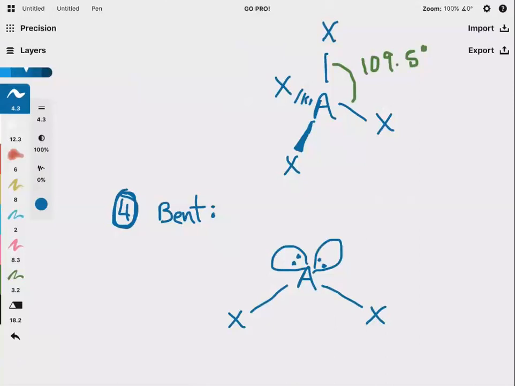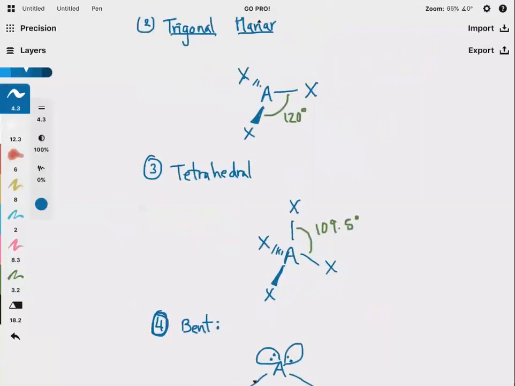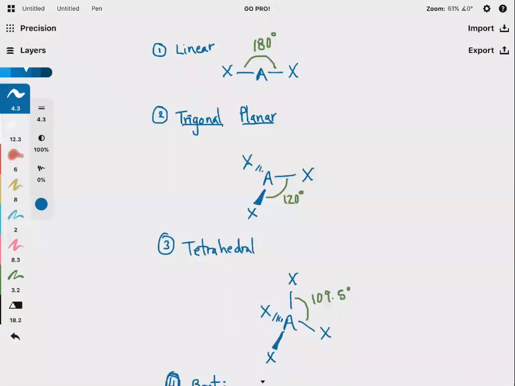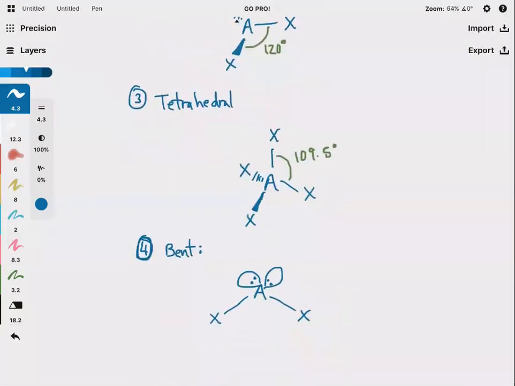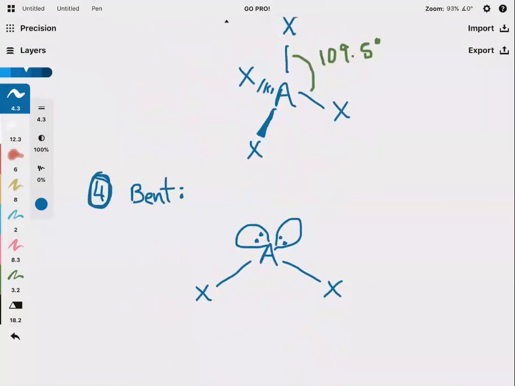So the X's might want to be in a linear line, just like we were up here in our linear configuration, 180 degrees apart. But A's two lone pairs of electrons are pushing them further away from one another.